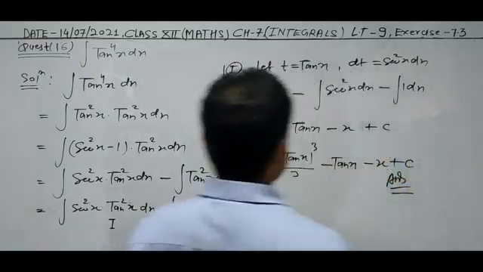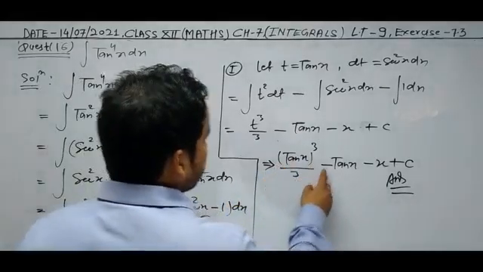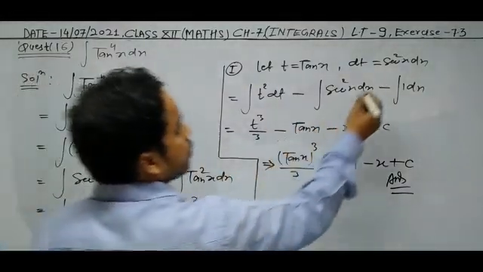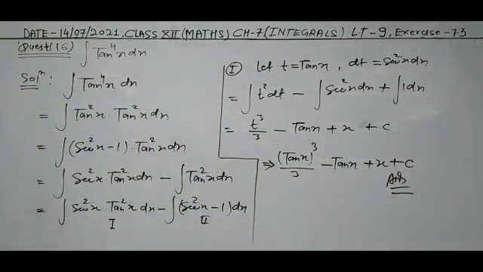Now this is the answer. Answer is tan cube x by 3 minus tan x, this will be plus, so minus tan x plus x plus c. This is the answer.